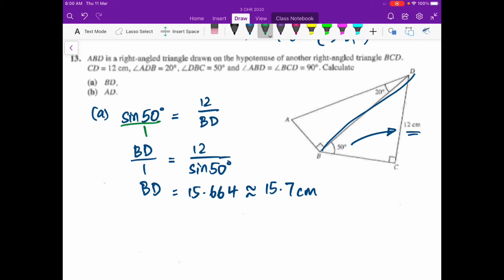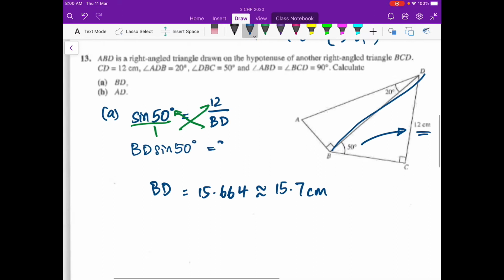Just put it over 1, draw your arrows, and you will end up with BD sine 50 equals to 12. Right? And then BD is just 12 over sine 50 degrees. And then you can answer.